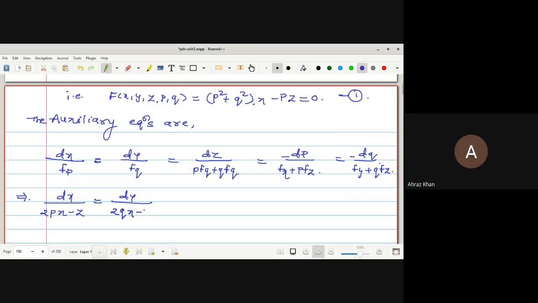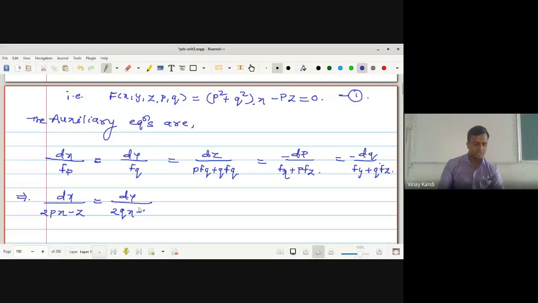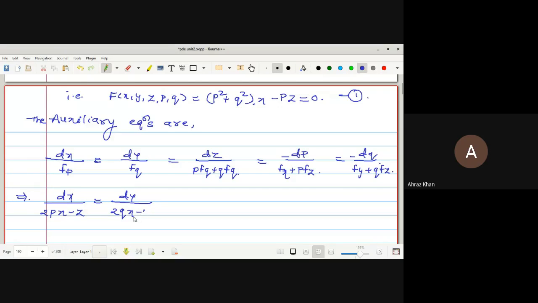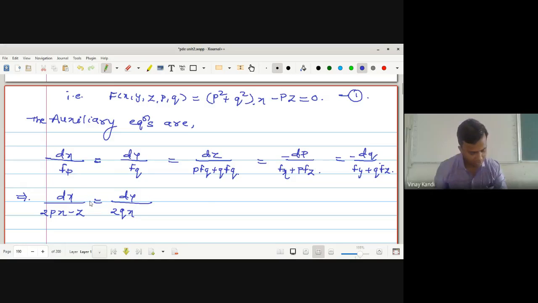Why would z come? Why does minus not come? No sir. Wait a minute. 2qx − z will not come. Wait a minute. Take a second.